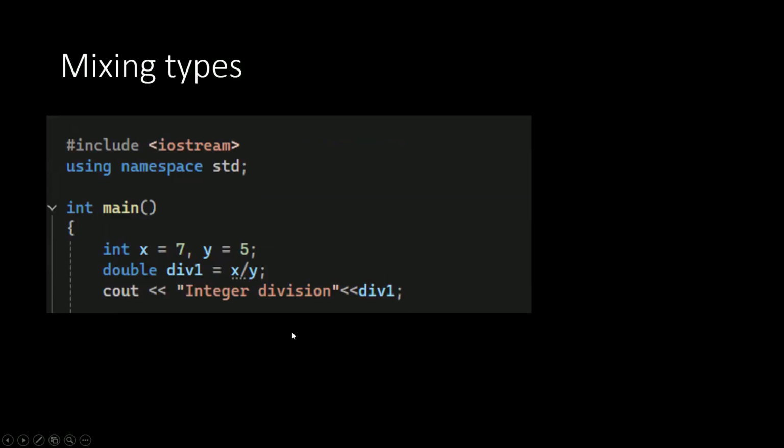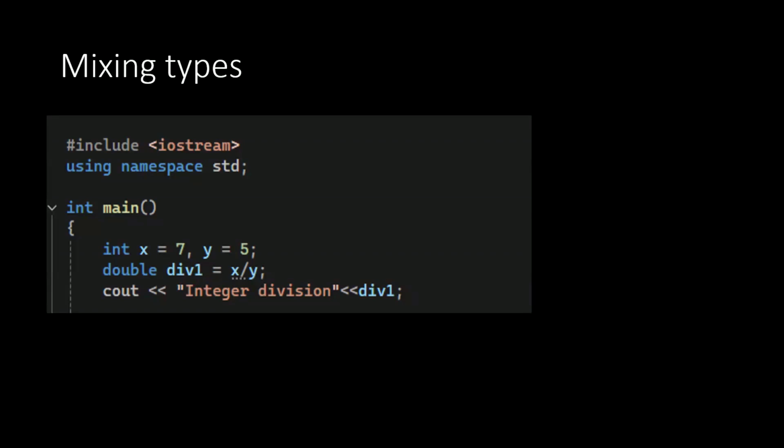This is another example of mixing types. Let's see what we are doing here. In this example, we have two variables, x and y. They are both integers. And then we have a double type variable called div1. And here in this variable, we are storing x divided by y. Since x is an integer and y is also an integer, keep this thing in mind.